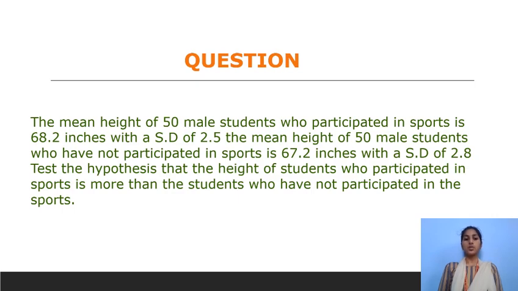Test the hypothesis that the height of students who participated in sports is more than the students who have not participated in sports. Here in this question, the given data is the standard deviation 2.5 and the mean height, and the mean also. And here we have to find the test of the hypothesis.